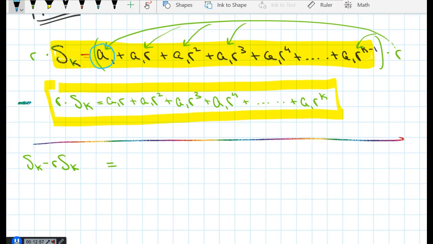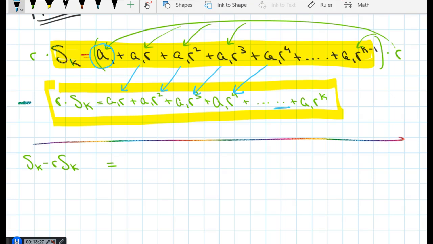When I say a sub 1 r minus a sub 1 r, that gives me 0. A sub 1 r squared minus a sub 1 r squared, because it's a minus sign by the way, this becomes 0. A sub 1 r cubed minus a sub 1 r cubed, 0. All right. This term, by the way, it's right here.